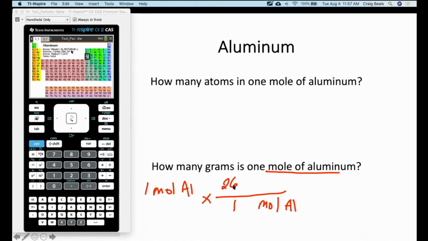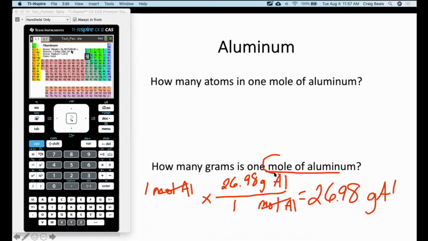So 26.98 grams of aluminum. Those cancel, and now I've just converted from moles into grams. So 26.98 grams of aluminum is 1 mole of aluminum, and I can find that right on my periodic table.